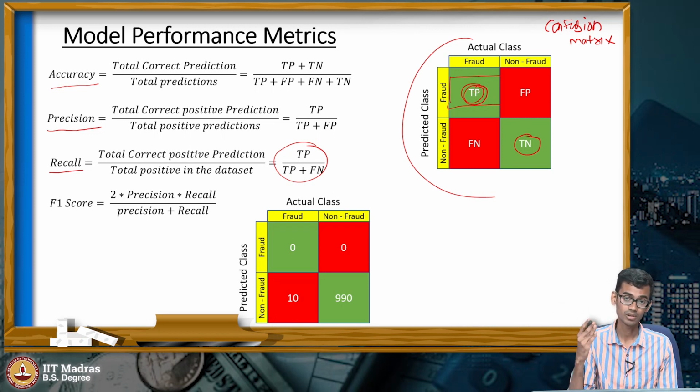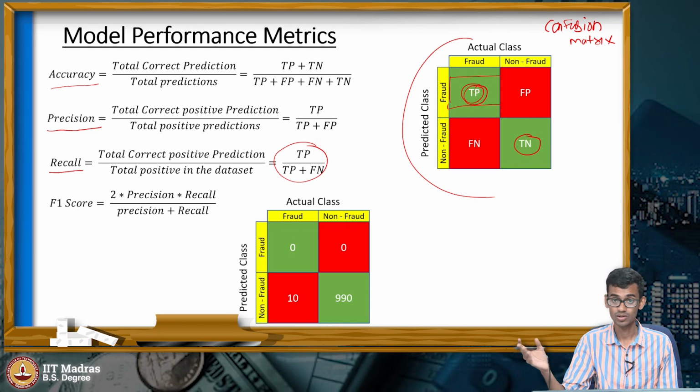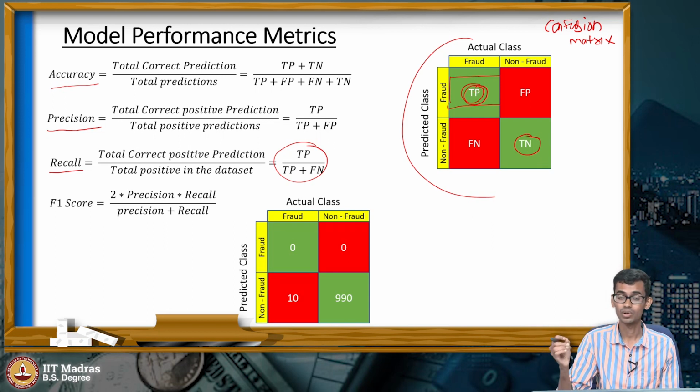They don't want fraudulent transactions to be successful. So in these kinds of scenarios, where the organization is okay to stop a genuine transaction but not okay to allow a fraudulent transaction, recall is a very good metric, because recall tells you how many of the frauds were actually captured by your model.